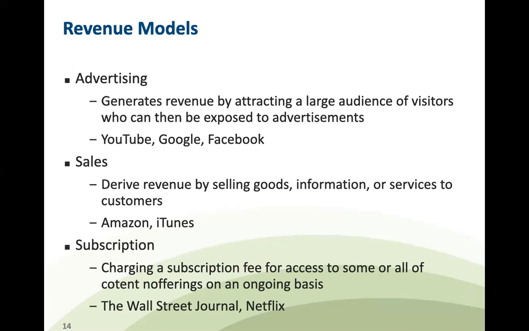Basically, YouTube, Google, and Facebook generate revenue by attracting a large audience of visitors who are then exposed to advertisements, right? When you go to YouTube or sometimes Facebook and even some Google sites, you can see unnecessary advertisements. It's actually a headache for us, but anyway, it's an income for those.